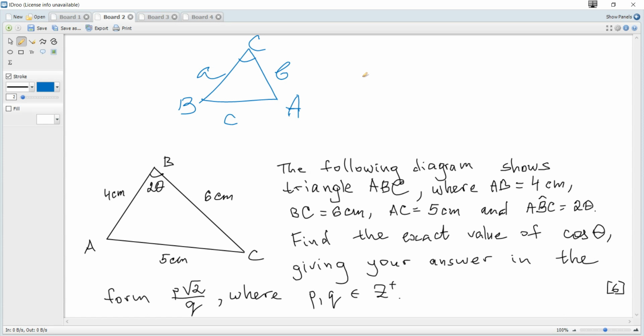The formula is given in the data booklet, and it says that cosine of the angle C is equal to a squared plus b squared minus c squared divided by 2ab. Notice that this angle C and this side c with the minus are opposite.